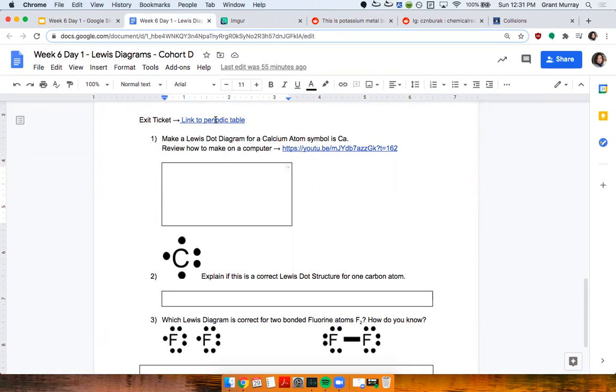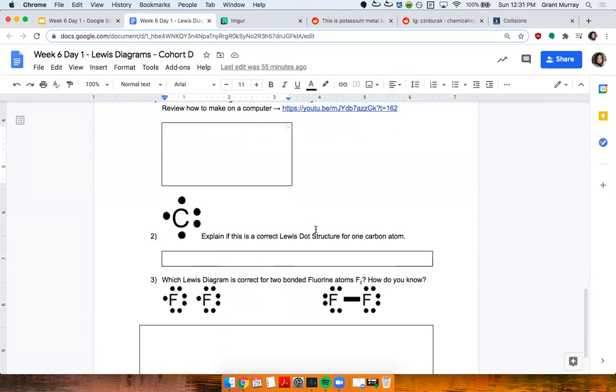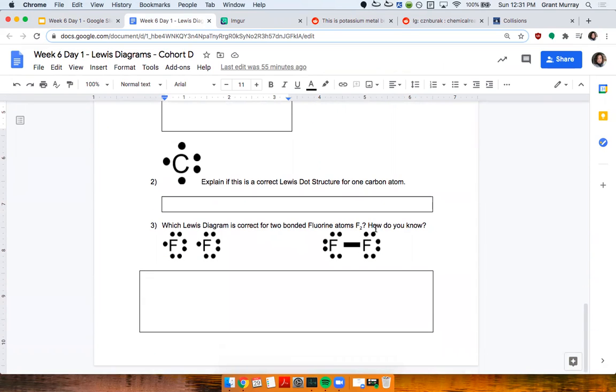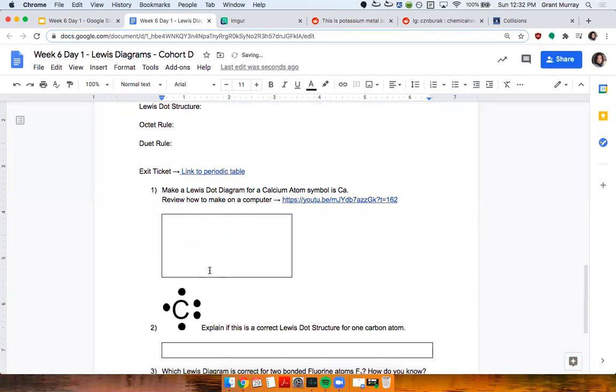You are going to need to use the periodic table to do that. You've got to be able to explain if this is a correct Lewis structure for carbon. And then you've got to decide which one of these is correct and explain it. How do you know? You've got to explain it here. That's why there's a big box here. Don't just say left or right. Clearly, I'm giving you a big box to explain it. I'm going to make that neater there.